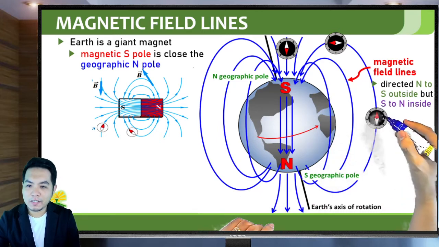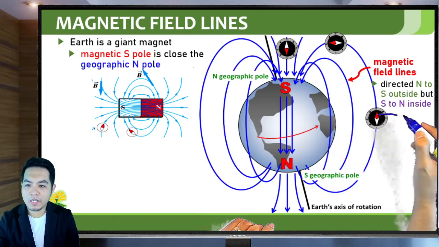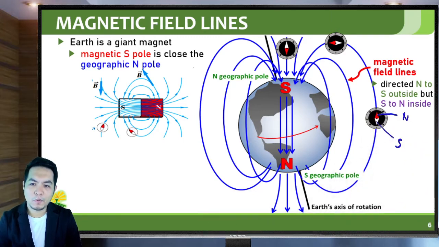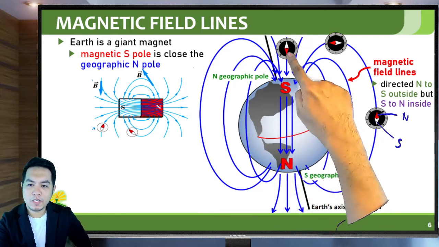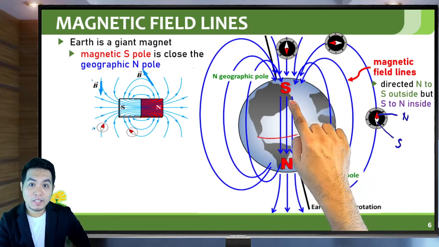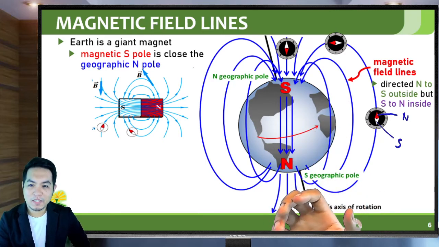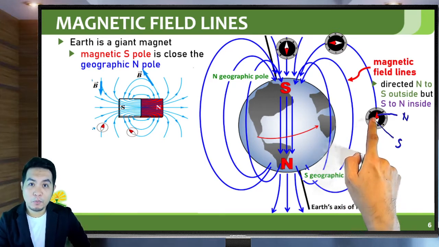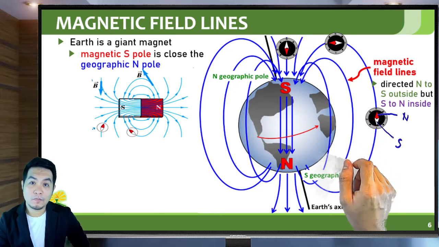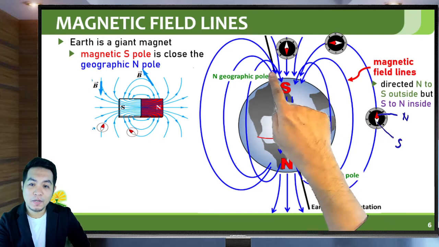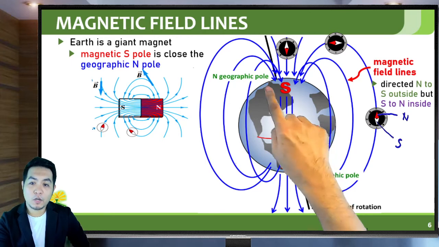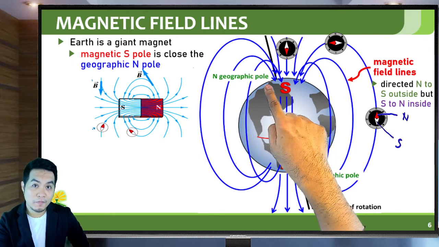So for the compass needle, the red part is actually the North Pole. The white part, or sometimes it's blue, is actually the South Pole. So the red part of the compass, the one with the N, actually points to the south magnetic pole of the Earth, which just so happens to be close to the north geographic pole of the Earth.